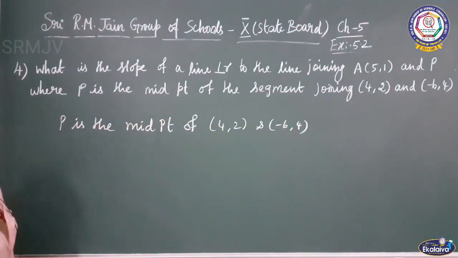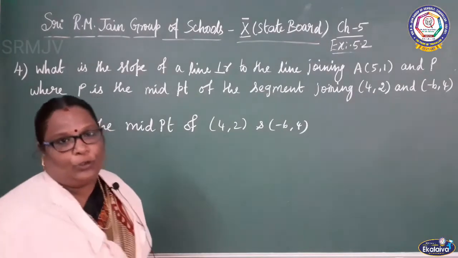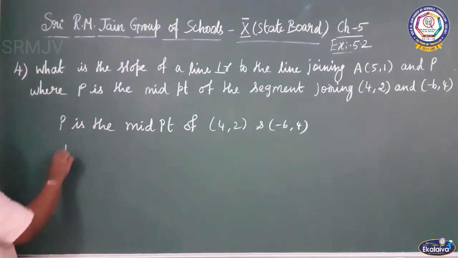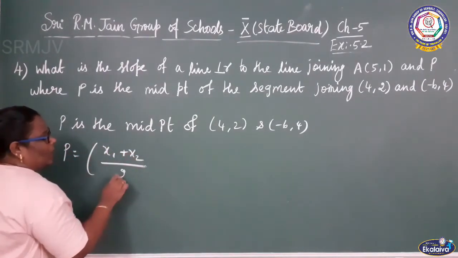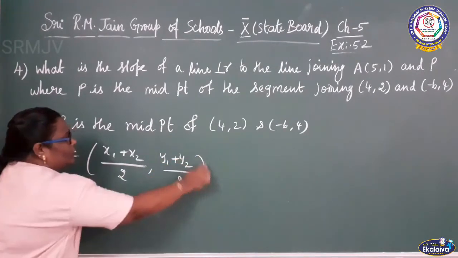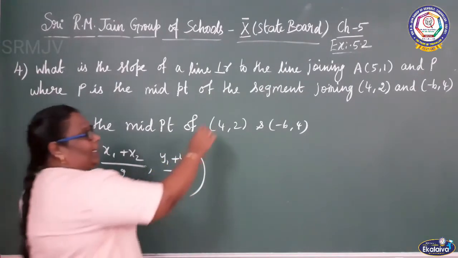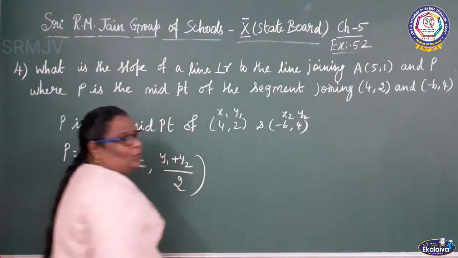What is the midpoint formula? x1 plus x2 by 2, y1 plus y2 by 2. So P equals x1 plus x2 by 2, y1 plus y2 by 2. You can take this as x1, this is y1, this is x2 and this is y2.